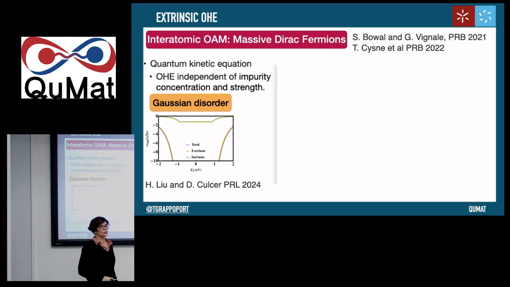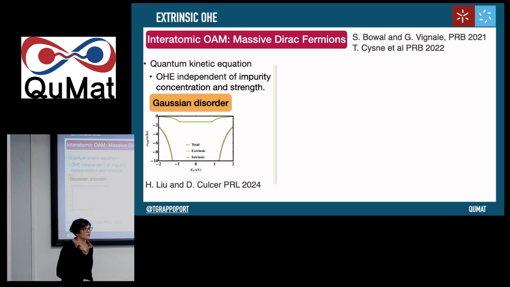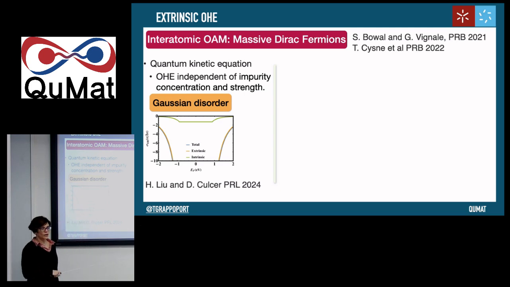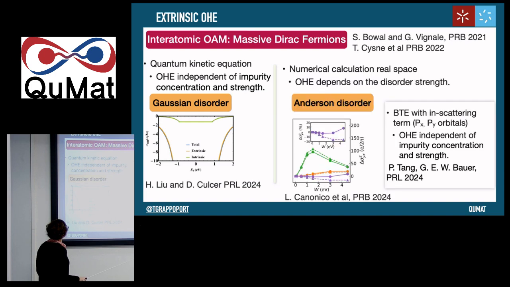For example, in normal 2D electron gases, like semiconductor 2D electron gases, the intrinsic contribution to the Hall conductivity is finite, but if you include the extrinsic one, it cancels the other, and then there is no spin Hall conductivity. In other materials, depending on the symmetry, you can have a huge enhancement of the spin Hall conductivity because of disorder. So it's important to check this out.